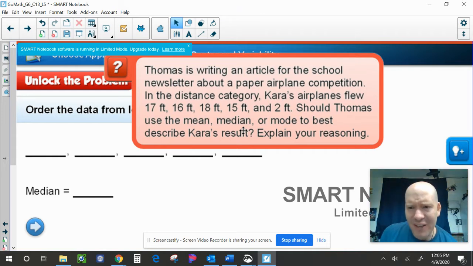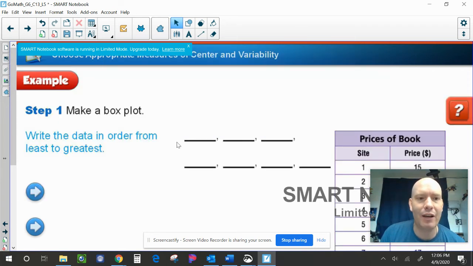Well, the mean of 13.6 feet, or the median of 16 feet? The median shows that the middle was 16 feet, and that's the closest we are to the data set. So in this case, we're going to use the median. Our answer would be the median because it's closest to the data.